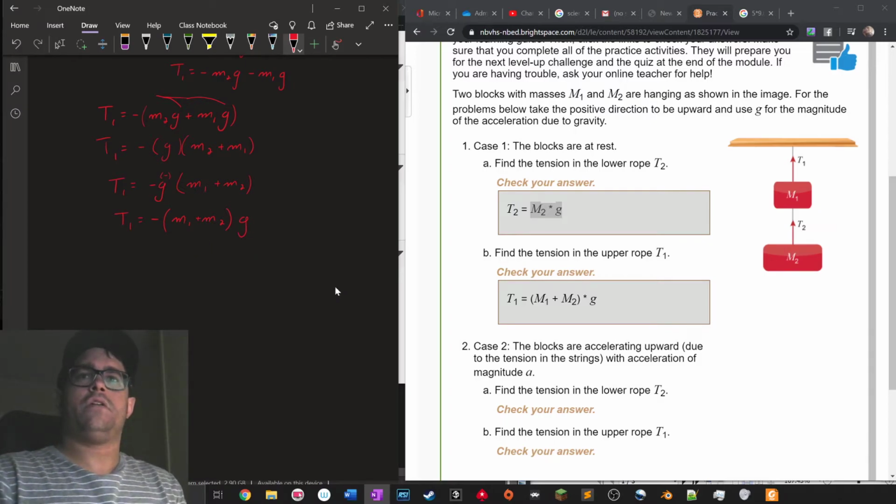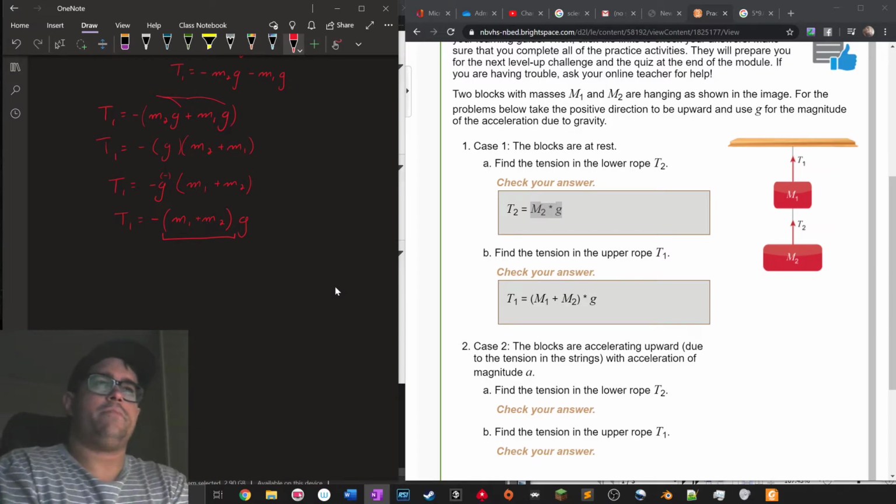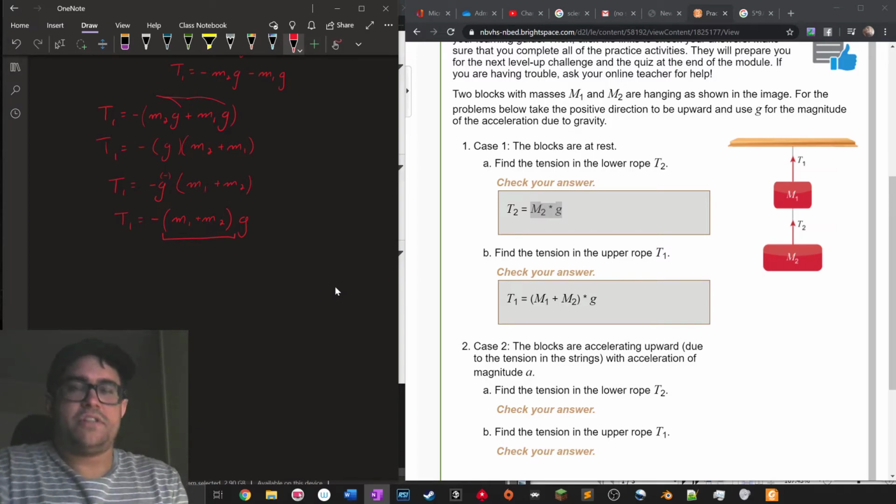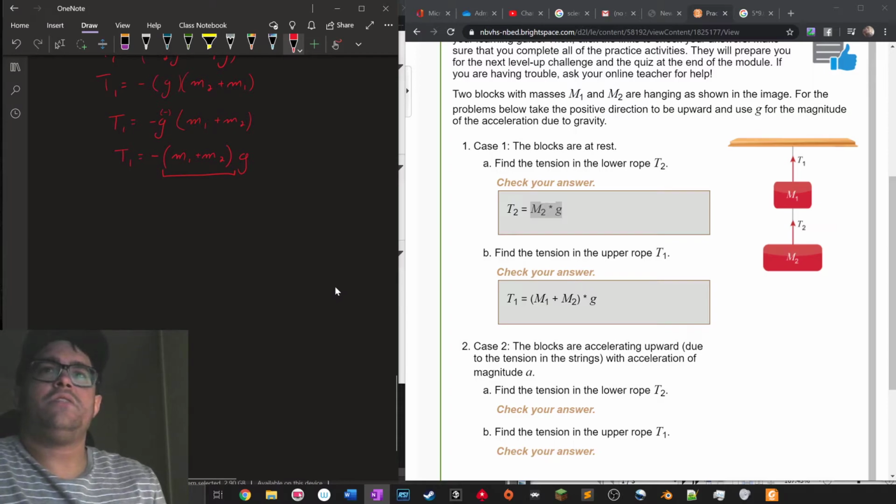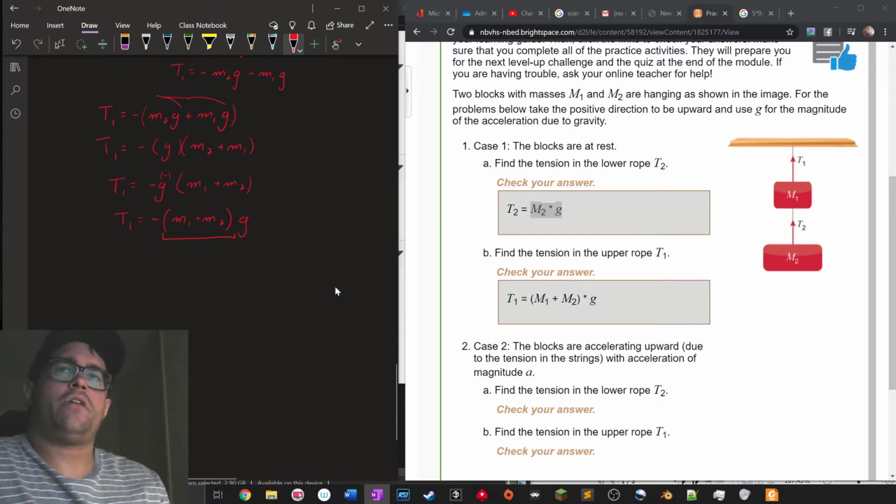Times g. So the minus here is just here because of my structure, but you can see here how T1 is caused by summing up the masses. So what does this mean? This means that T1 does not care about a lot of things, right?